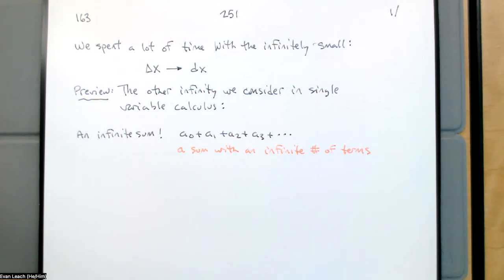Here we're talking about something else. Rather than trying to cram an infinite number of rectangles into a finite space to represent some continuous change in our height, we just have a discrete infinite sum, a0 plus a1 plus a2 plus a3.